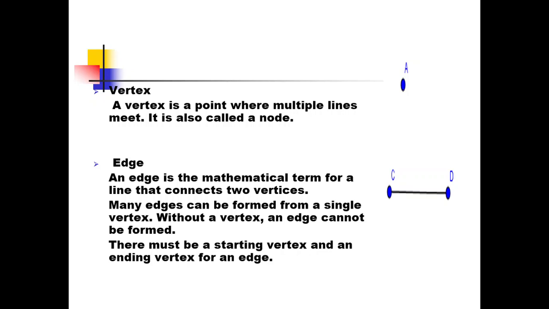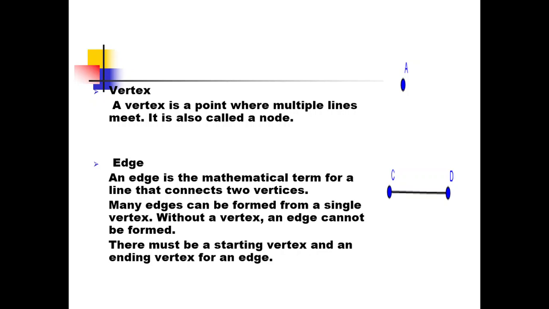Any two vertices connected by a line, that line is called the edge. Many edges can come from a single vertex. Without a vertex, an edge cannot be formed. There must be a starting vertex and an ending vertex for an edge. So that is the definition of vertex and edge.